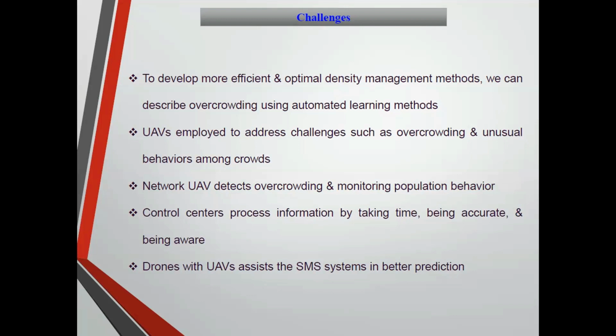So the network of unmanned aerial vehicles detects the overcrowding and monitors population behavior. The control center processes information by being timely, accurate and aware. These are drones with social monitoring systems for better prediction.